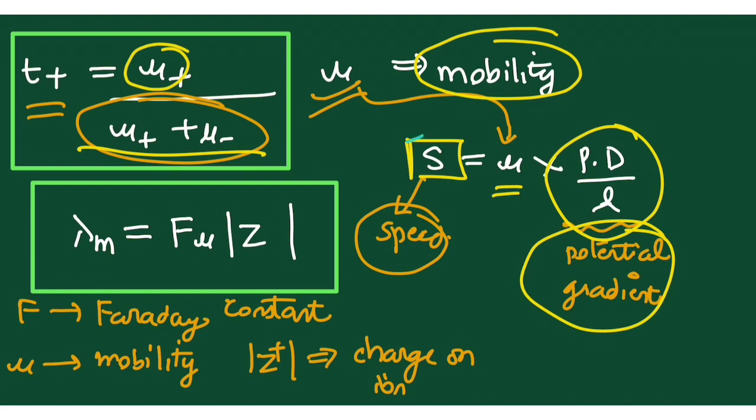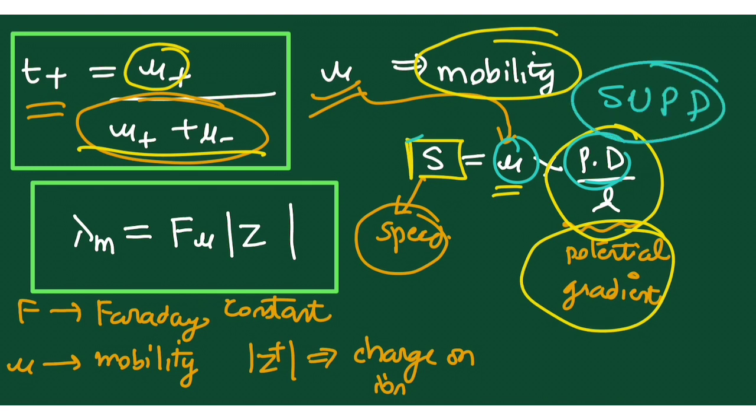SPD. This mu term is coming, so you can think like that only, SPD, or you can remember it as sub D. That is speed is equal to mobility into potential difference, and you can assume divided by length. This is very important.